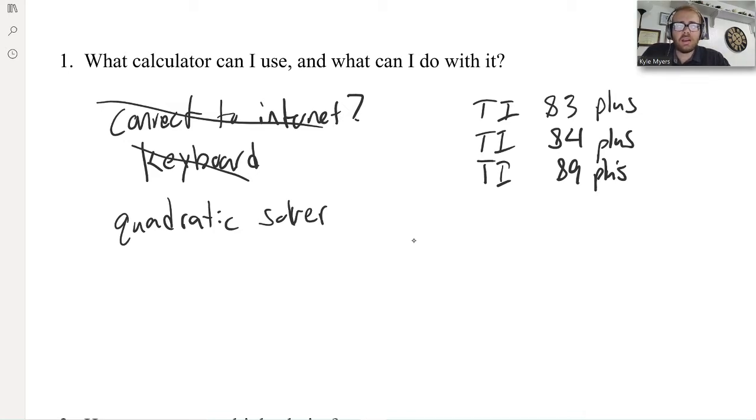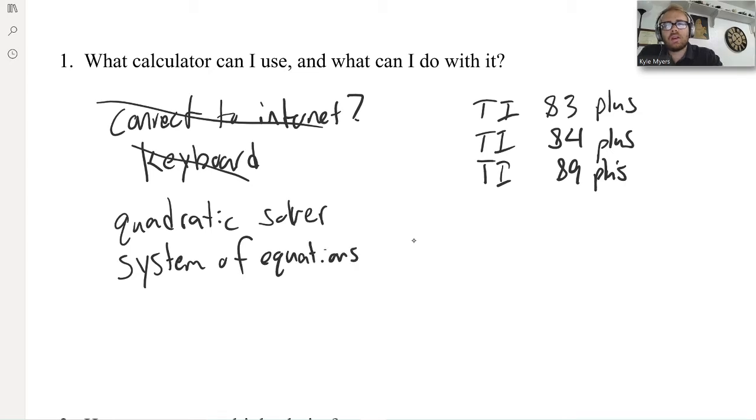You can have a solver for a system of equations. Now this one's a little harder to find, but it's out there. System of equations solver, where you just type in the A, B, and C values for both systems, and then it spits out the answers.